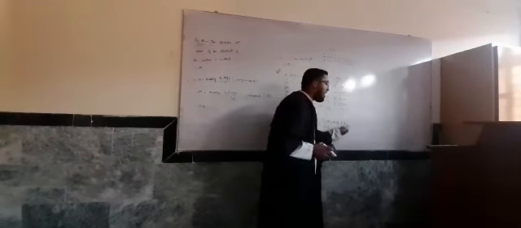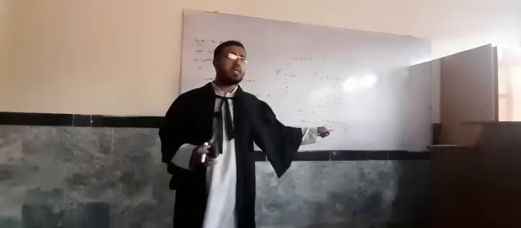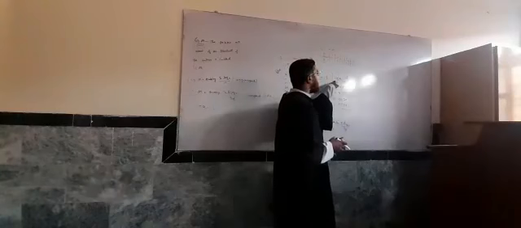Now, what do we do in this situation? We need summation f log x. We have the value of log x, but there is no f. If we multiply f by log x, we will get the value of f log x.